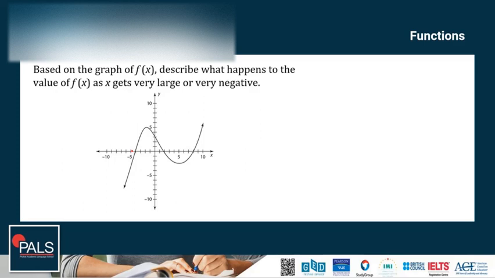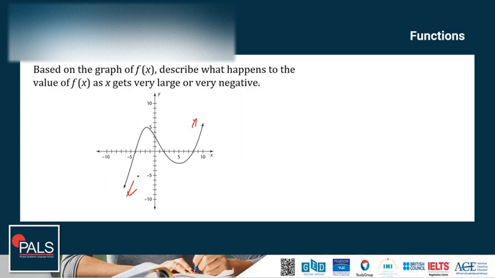Based on the graph of f of x, describe what happens to the value of the function as x gets very large or very negative. The end behavior is this and this. Those are the end behaviors.